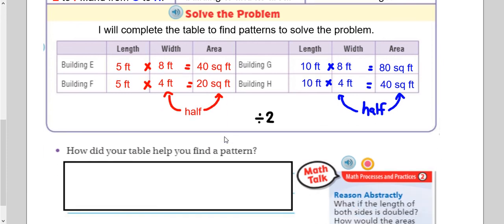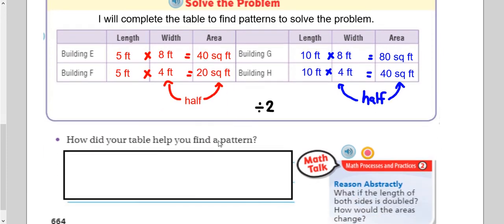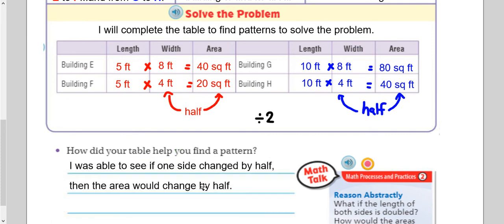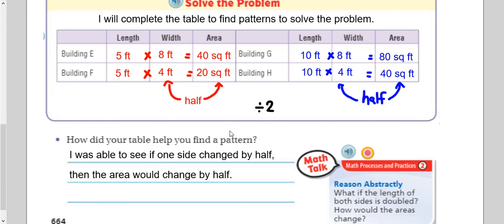So how did your table help you find your pattern? Well, it might include something like this. I was able to see if one side changed by half. So if one side changed by half, then the area would change by half. Okay? So there is the second example.